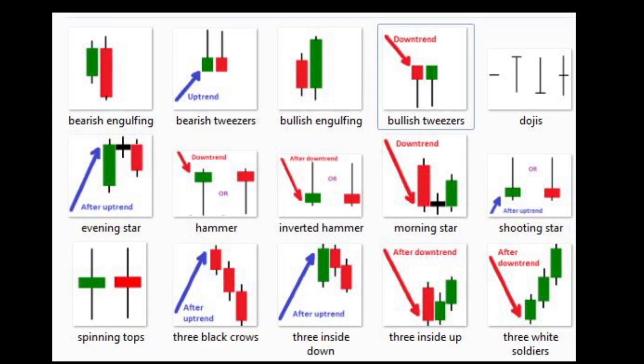Now, this could take place on the smaller time frames or the larger time frames. It could be just a short bearish movement, and then it could go back to the normal bullish trend.